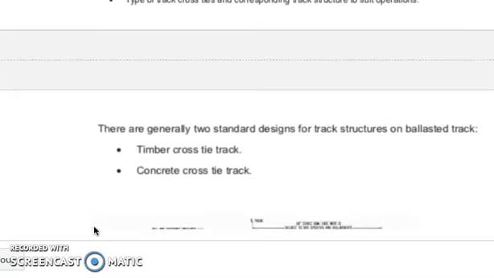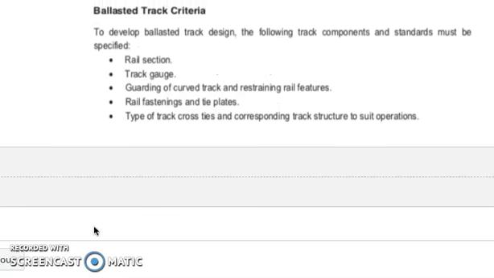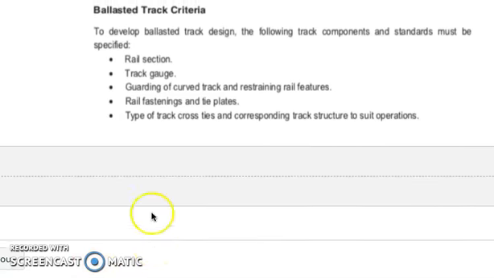For the design of ballasted track, these are some of the considerations: the rail section, the track gauge, the guarding of curved tracks and restraining rail features, the rail fastening and tie plates, and of course the track cross ties and corresponding track structure to suit the operations.